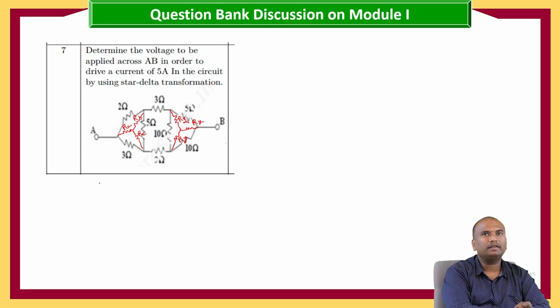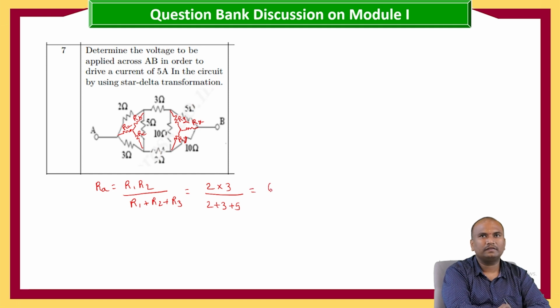For calculating the star equivalent values, RA is equal to R1 R2 by R1 plus R2 plus R3, which is 2 into 3 by 2 plus 3 plus 5, 6 by 10, which is equal to 0.6 ohms.